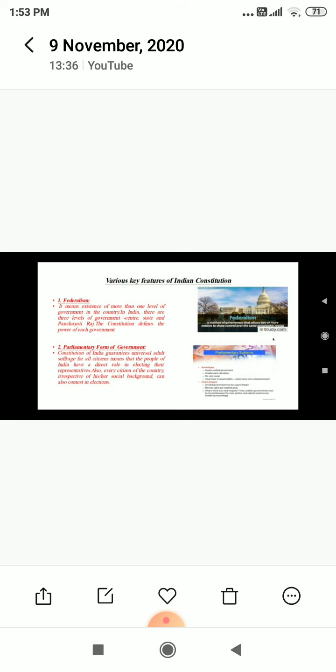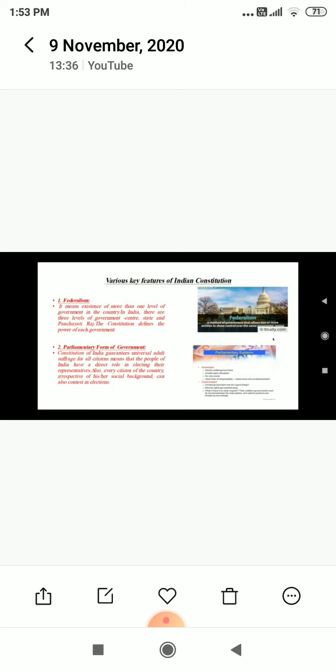In India we have three levels of government. At the center we have the central level. At the state level, we have the state government, and for local, we have the Panchayati Raj system, which we call local government also. In this local government, we have Jilla Panchayat, Gram Panchayat, meaning village Panchayat, and block Panchayat.